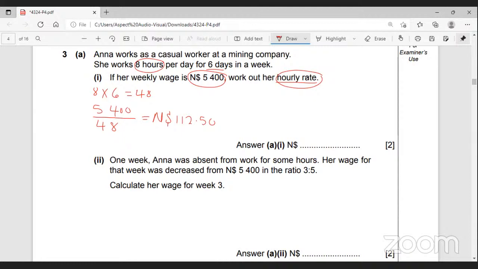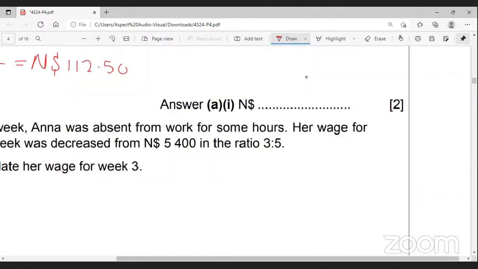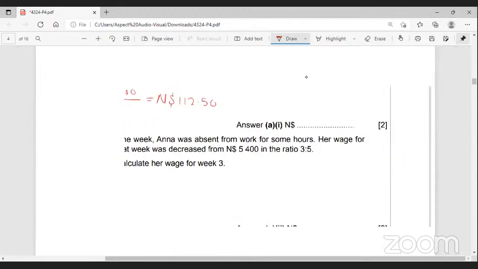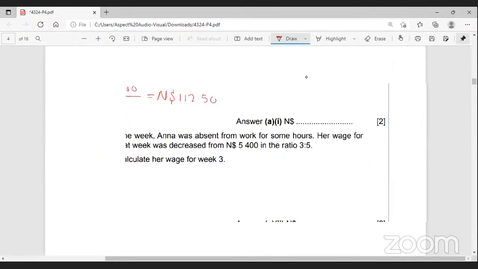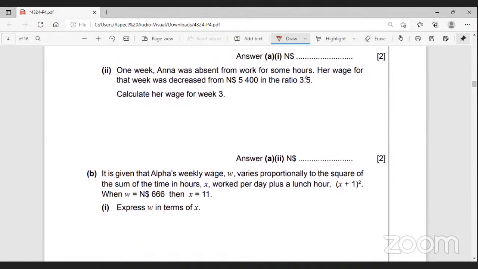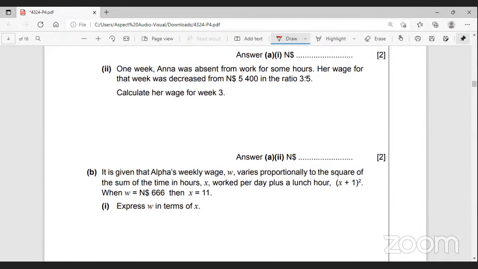Yes, so the 48 is the hours that she works in a week. In a week, she just works for 6 days, and per day, she works 8 hours.